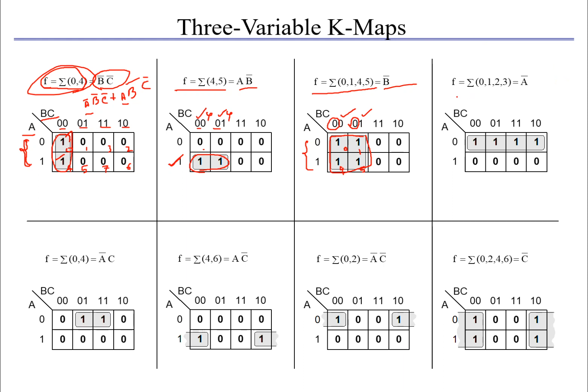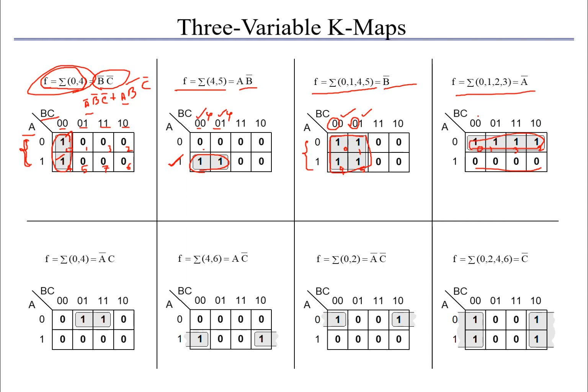And if you go on to the next Boolean function, f is equal to summation of 0, 1, 2, 3. See here, 0, 1, 2, this is 3 and this is 2. So now all these are filled with 1. Remaining cells are filled with 0. As the 4 ones are horizontal, we can combine all these 4 ones.